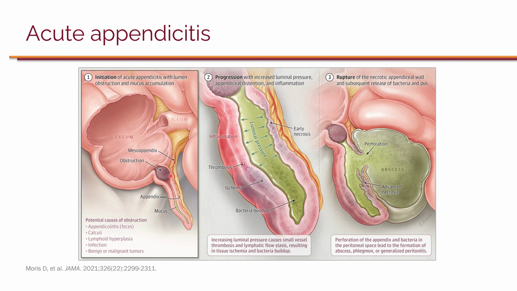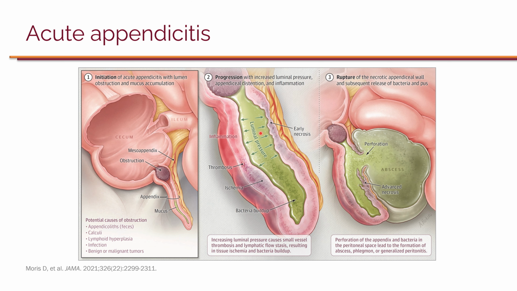The appendix does have a role in human health, specifically to house a healthy microbiome. Now, as you can imagine, the appendix could potentially get obstructed due to many things. The most common cause of obstruction would be fecal matter getting stuck here, but other things can also lead to obstruction here.